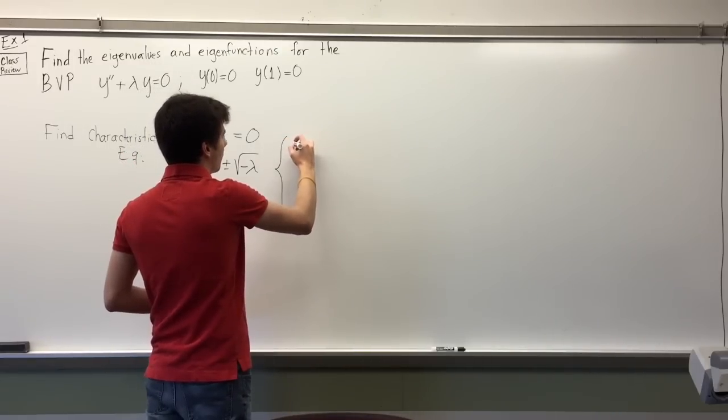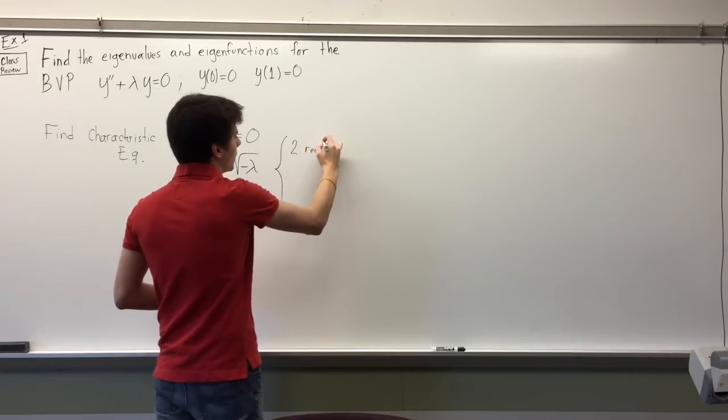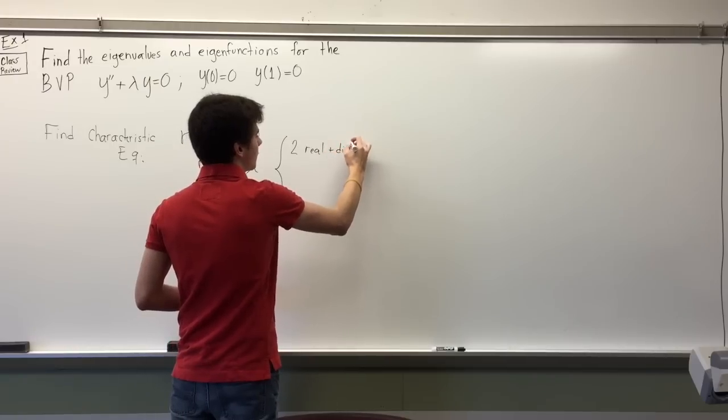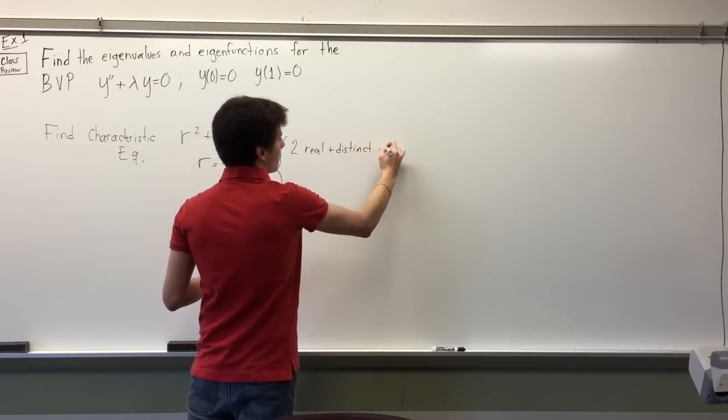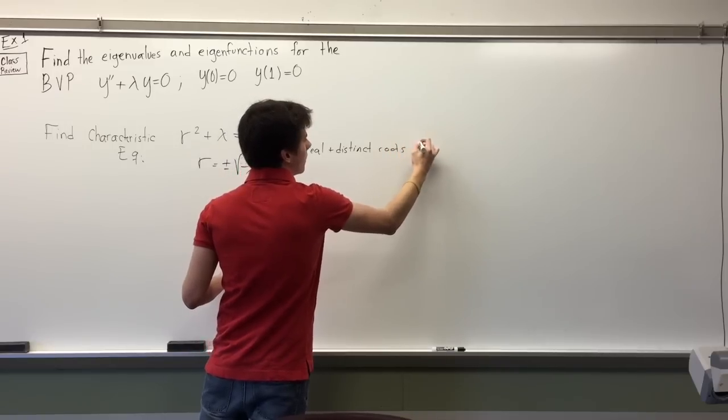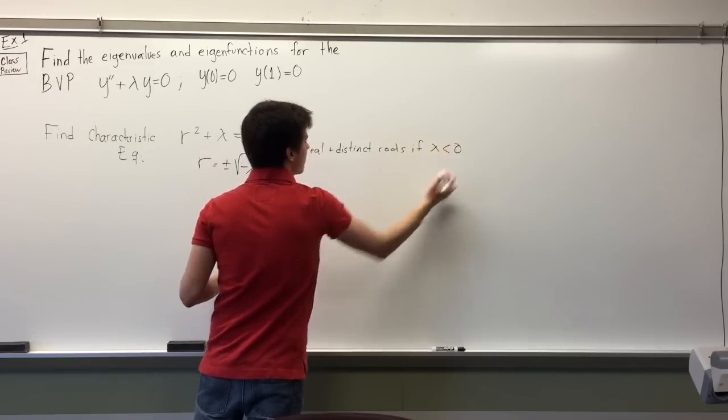We have two real and distinct roots if lambda is less than 0.